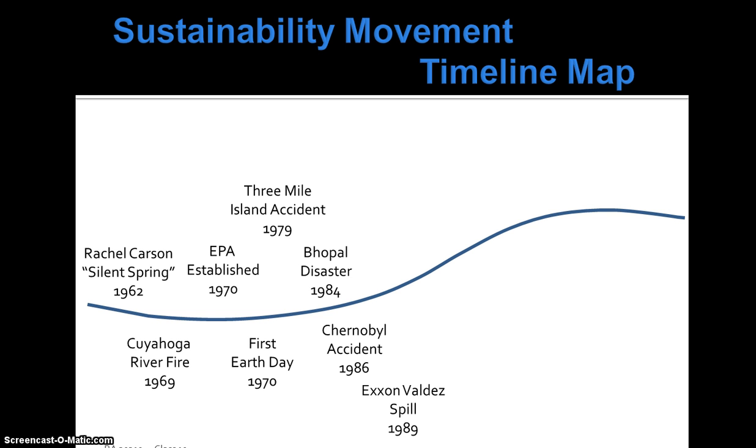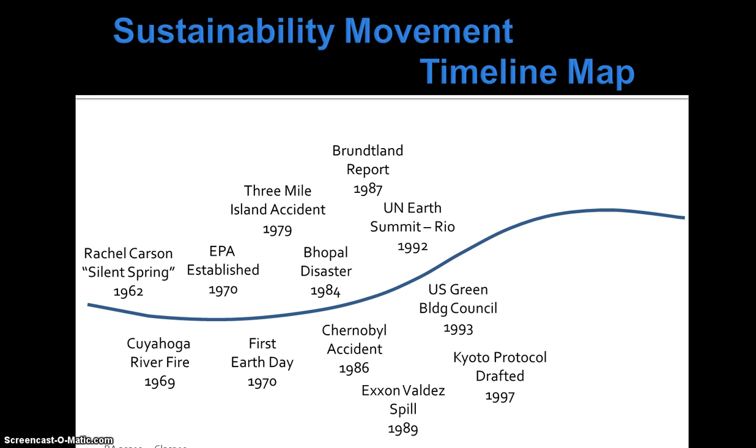Chernobyl was another nuclear accident in the late 80s, and then the Exxon Valdez was an oil tanker spill off the coast of Alaska. And all of a sudden, business started to realize they couldn't just push back against society, call it junk science and all of that sort of thing, and started to gain an awareness that they had to get out in front of this thing.